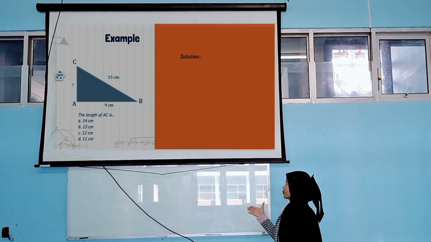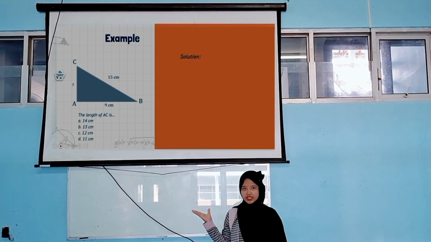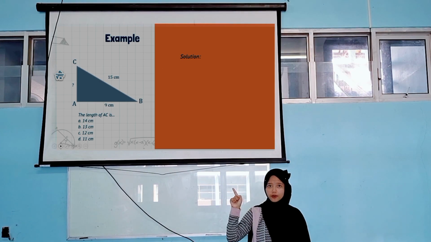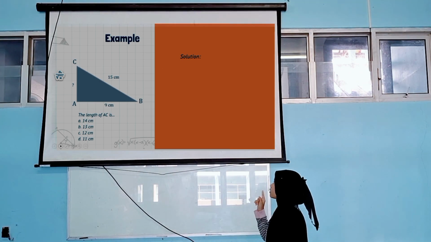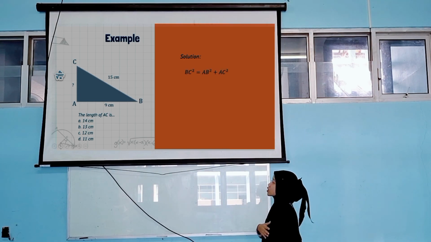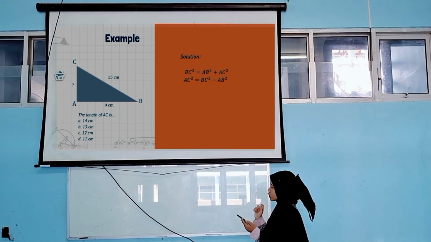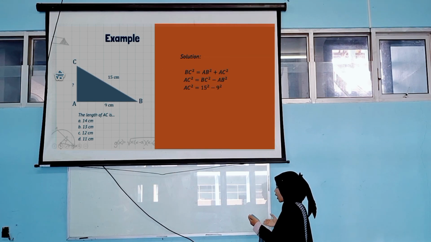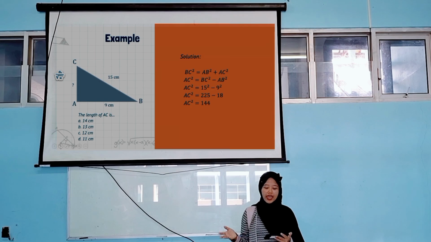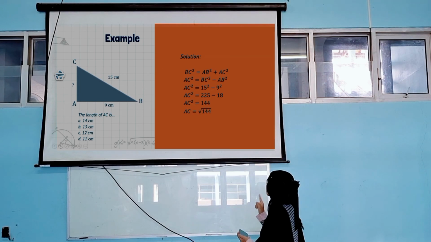Here's a problem. In triangle ABC, BC is 15 centimeters and AB is 9 centimeters. What is AC? So first, use 225 equals 81 plus AC squared. So, AC squared equals 144.